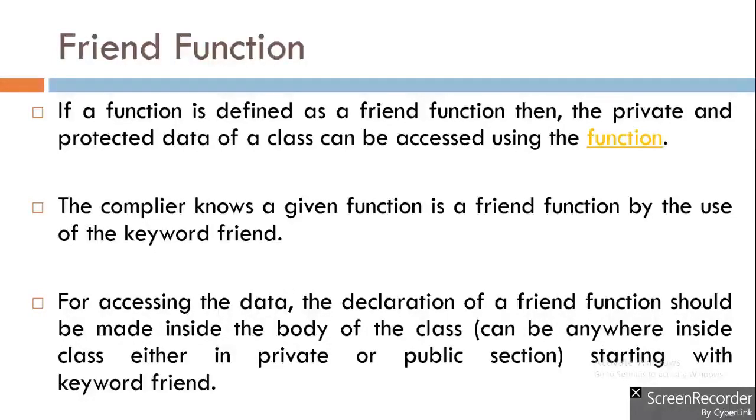For accessing the data, the declaration of a friend function should be made inside the body of the class. We can declare a friend function anywhere in the class, either in a private or in a public section. But we have to use a keyword friend before declaring the function.